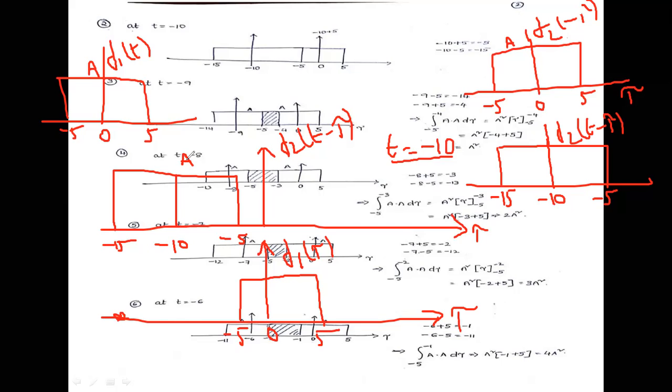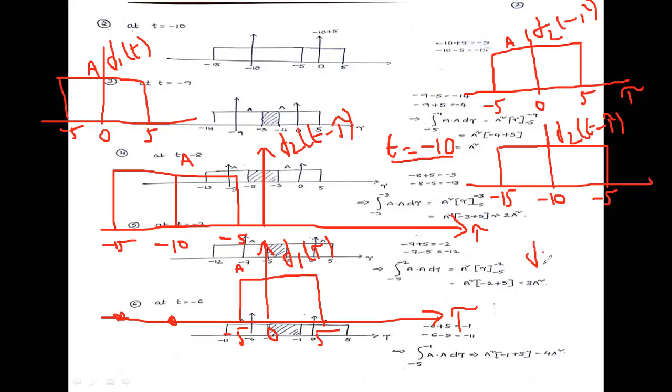At minus 10 here the value is A, but here it is 0. But at minus 5, here also minus 5, the A is there, and here also the A. Means A into A is A square. At the same value, two values overlap here.